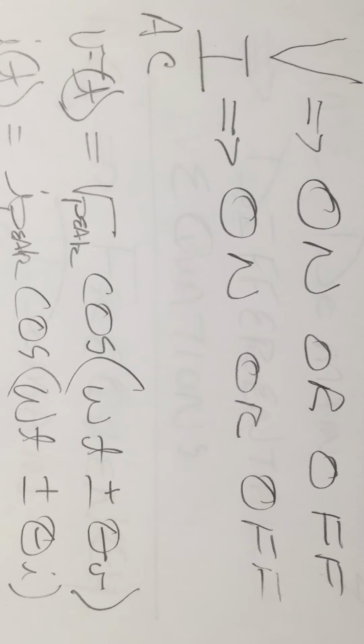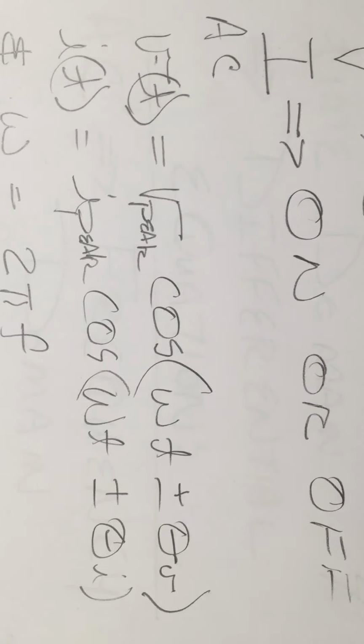Now, AC voltages and currents can be based on a cosine function or a sine function. We're just going to say that everything we deal with in this class is going to be a cosine function. That way we have no ambiguity of is it a sine or is it a cosine. We're just going to assume everything is cosine.